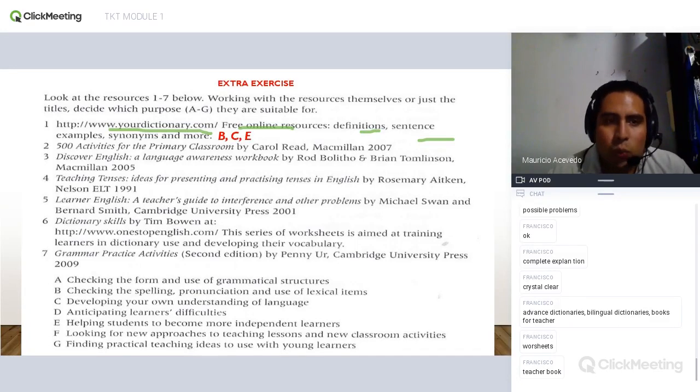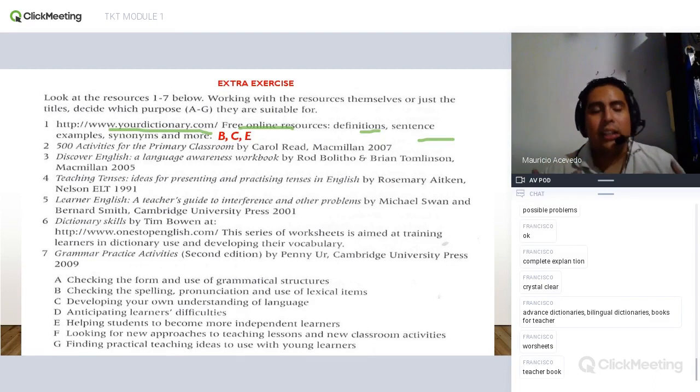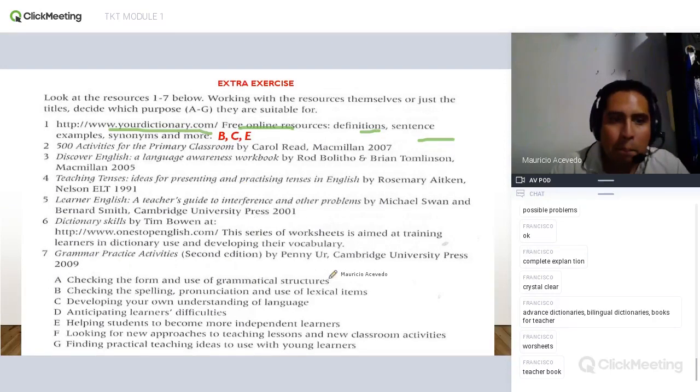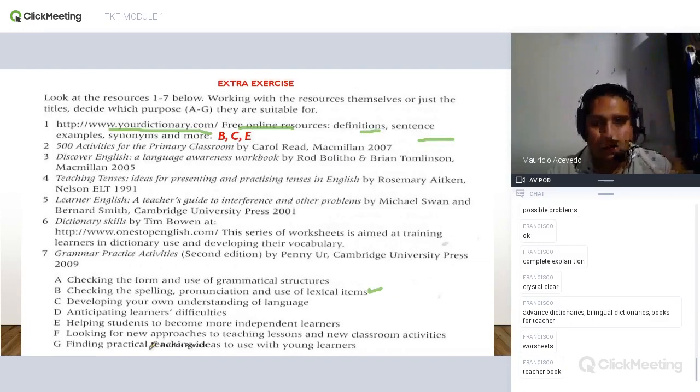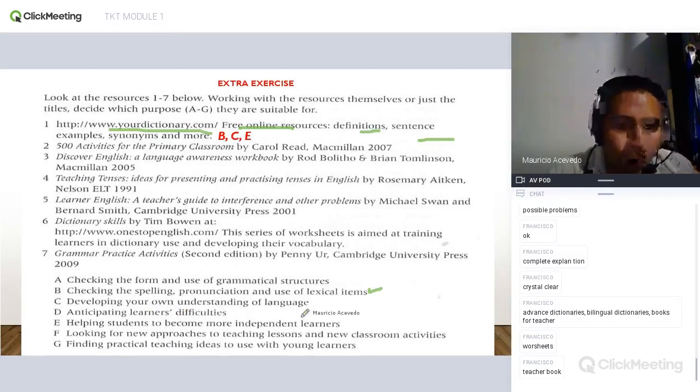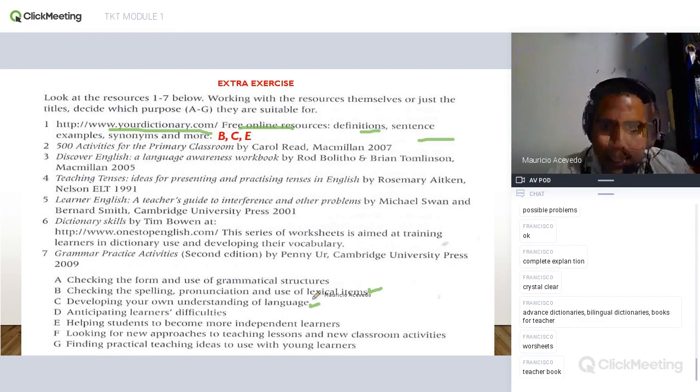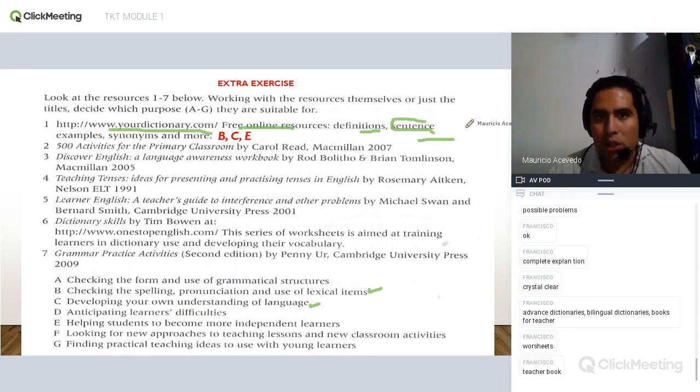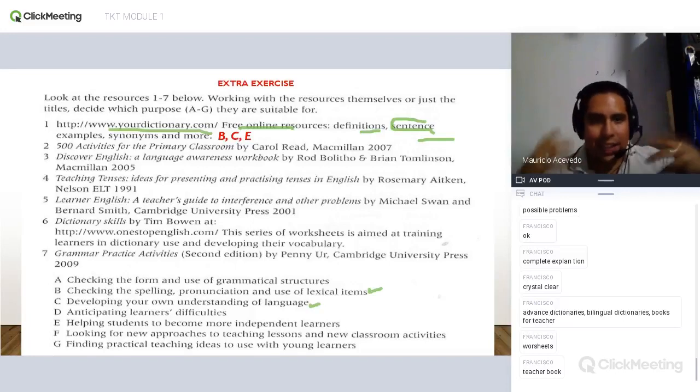So with this resource, Francisco, we can improve in three aspects. B, checking the specification of specific items. Why? Because they are dictionaries, and remember that dictionaries help you with those things. Developing your own understanding of the language. It can also help us because it says here sentence examples, so you can analyze and get the idea.